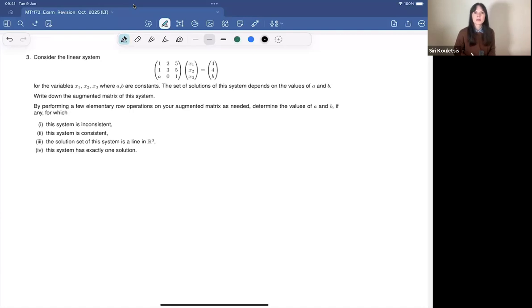And the set of solutions depends on the values of A and B. So first task here is to write down the augmented matrix of the system, and then by performing a few elementary row operations on your augmented matrix as needed, determine the values of A and B, if any, for which this system is inconsistent, consistent, the solution set is a line in R3, and the system has exactly one solution.